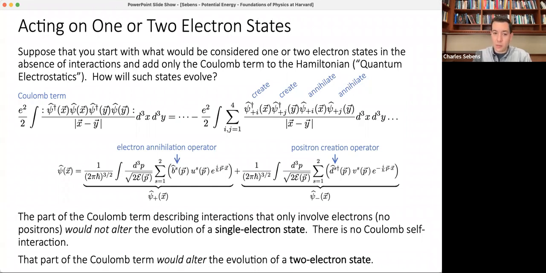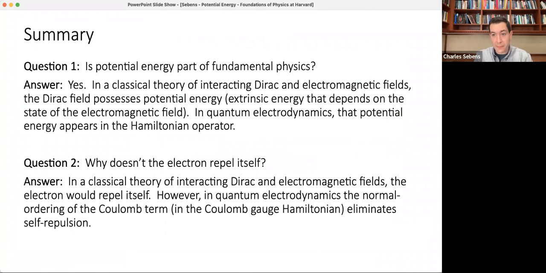If the whole Coulomb term is normal ordered, then that's going to feature 2 electron creation operators first, then 2 electron annihilation operators. So if it acts on a single electron state, it's not going to do anything. It's going to drop. If it acts on a 2 electron state, then it can give rise to interesting interactions. So you are able to then avoid Coulomb self interaction, avoid the self repulsion, yet still retain Coulomb interactions between distinct electrons. Okay, so now we can close.